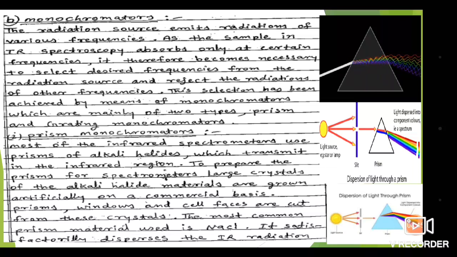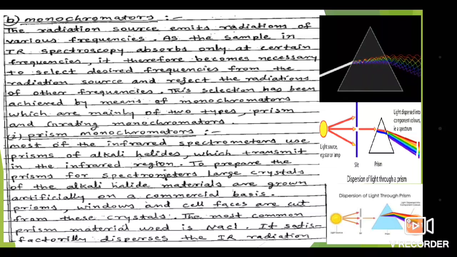Prism windows and cell faces are cut from these crystals. The most common prism material used is NaCl, that is sodium chloride.